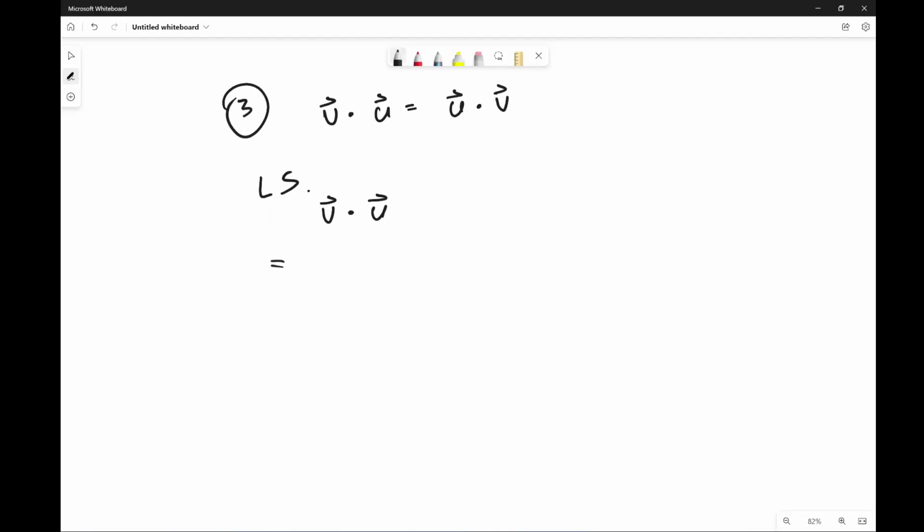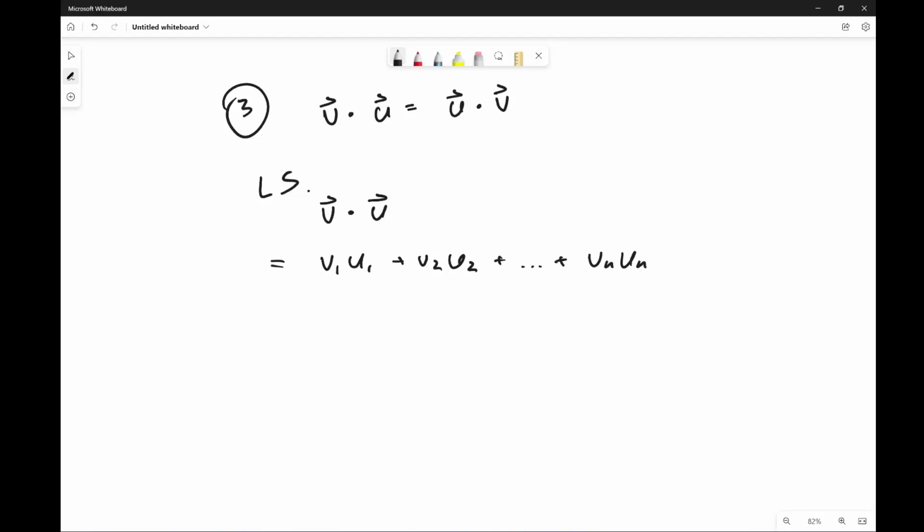So this is equal to v1 u1 plus v2 u2 all the way up to vn un.